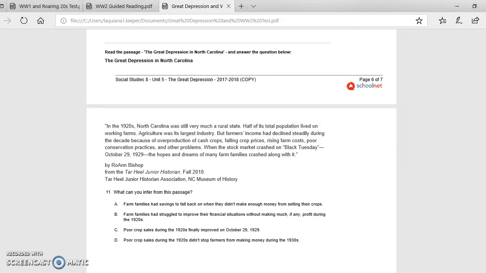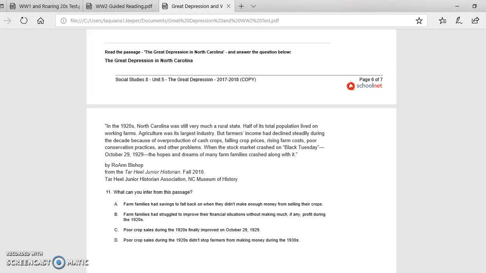Agriculture was its largest industry, but farmers' income had declined steadily during the decade because of overproduction of cash crops, falling crop prices, rising farm costs, poor conservation practices, and other problems. When the stock market crashed on Black Tuesday, October 29, 1929, the hopes and dreams of many farm families crashed along with it. This is by Roanne Bishop.